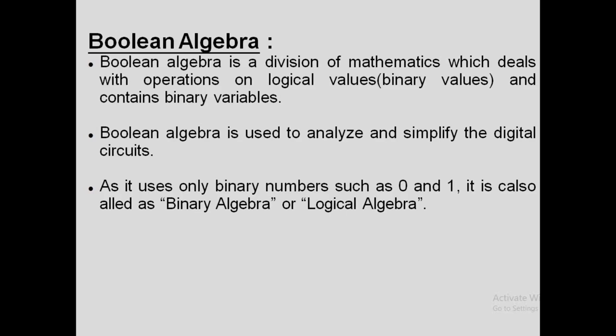Now, Boolean algebra. Boolean algebra is a division of mathematics which deals with operations on logical values and contains binary variables. Boolean algebra is used to analyze and simplify digital circuits as it uses only binary numbers such as 0 and 1. It is also called binary algebra or logical algebra.